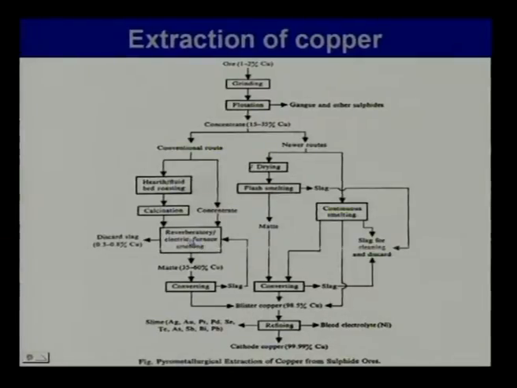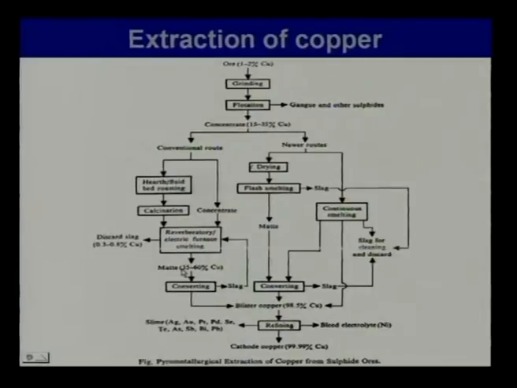Now, in this smelting process, I have mentioned a little while ago, the aim is not to produce an oxide, but to have controlled oxidation so that we produce a matte.